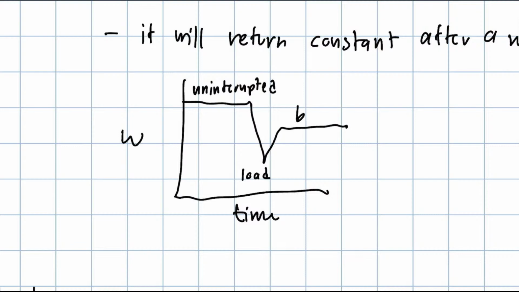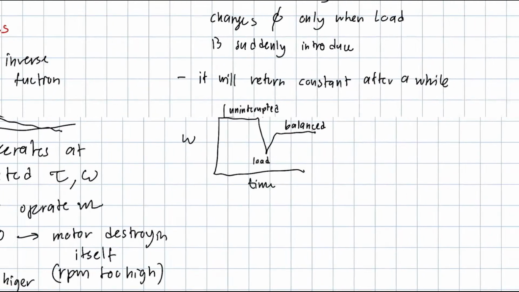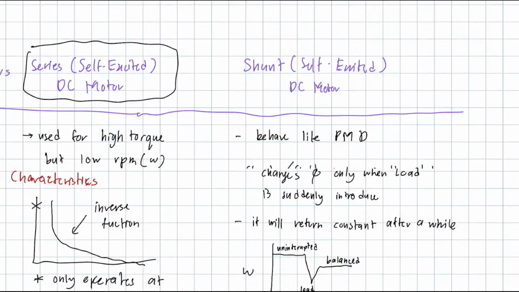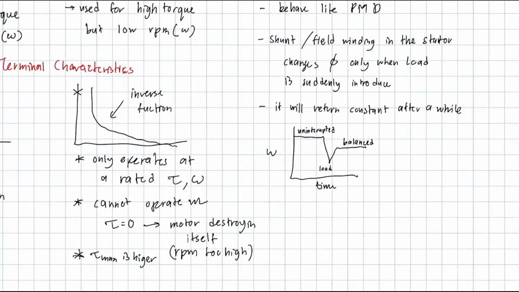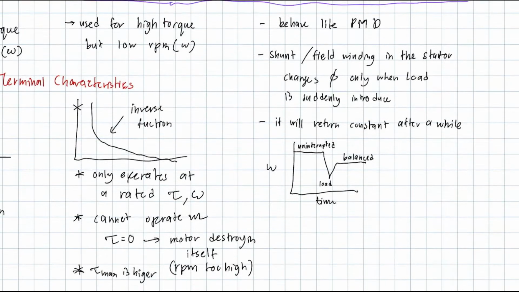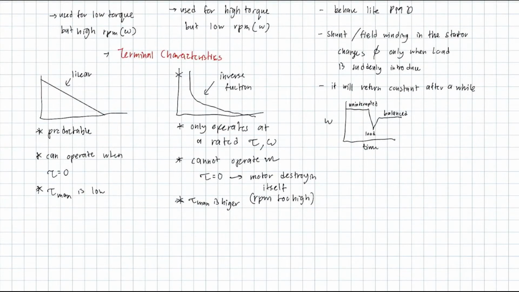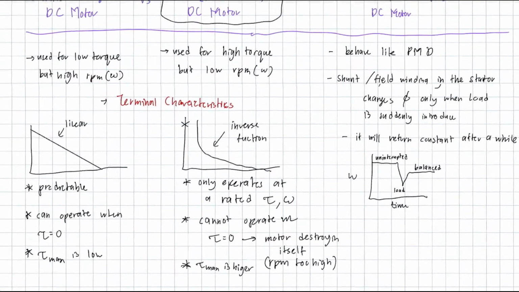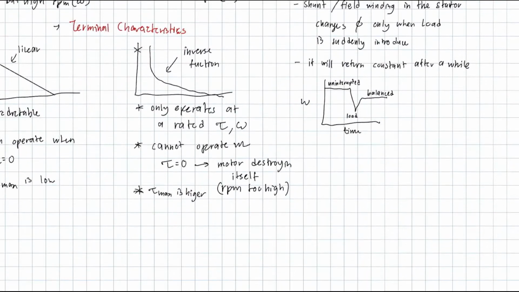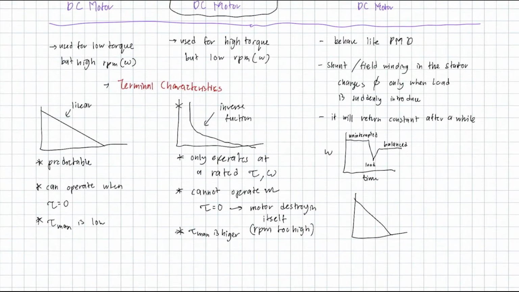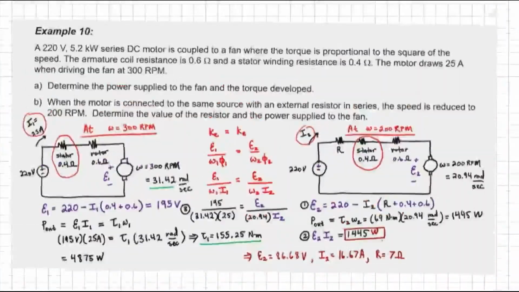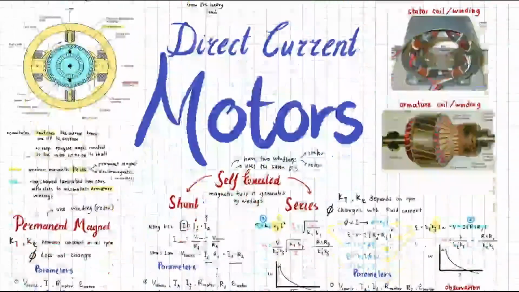Dia balance. Balance balik. Okay, balance balik. So itu dia punya shunt punya properties dia. Dia sama je macam DC motor tu, dia linear juga. Okay, so kalau tak ada, kita proceed dengan example.